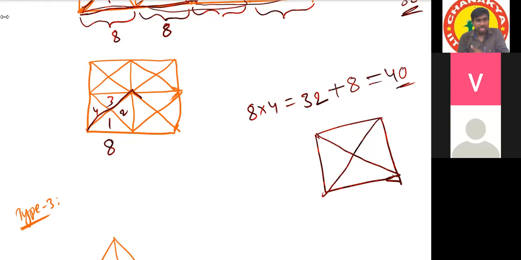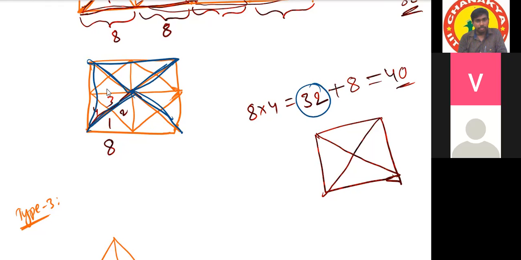Up to 32 is clear? Yes, sir. Then see, this is 1, this is 2, this is 3, and this is 4.